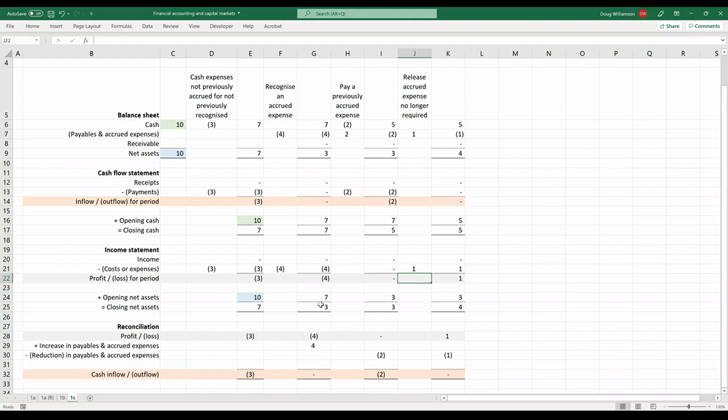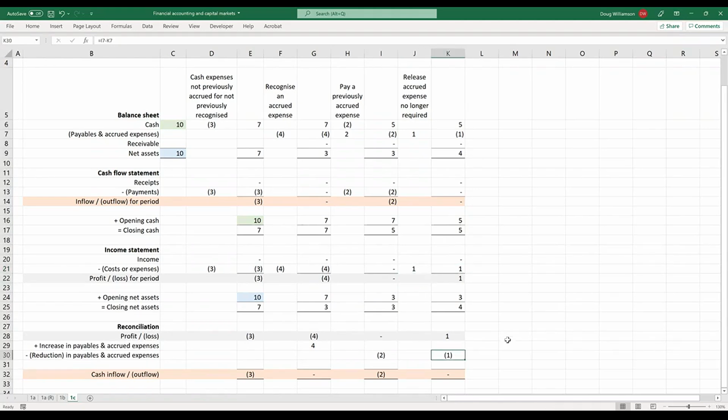Our total expenses across this period would be 3, 4 having been recognized in period 2, and then in period 4, 1 of that being reversed. So net expenses for the whole of the periods 2 to 4 inclusive, the whole of this period. These net expenses are 3, 4 here, and 1 reversed out here.